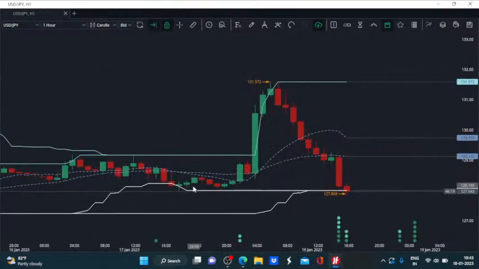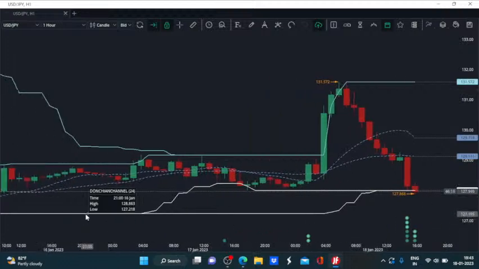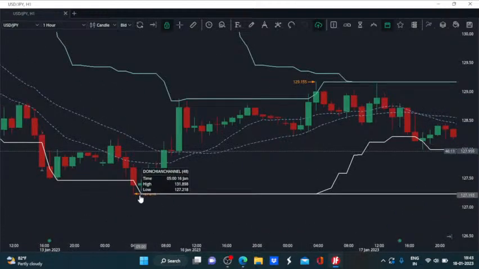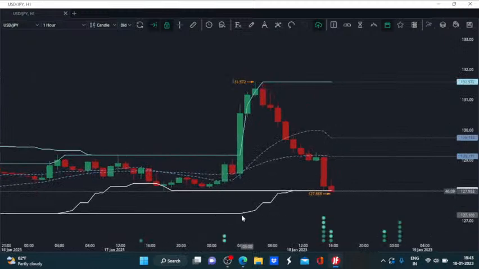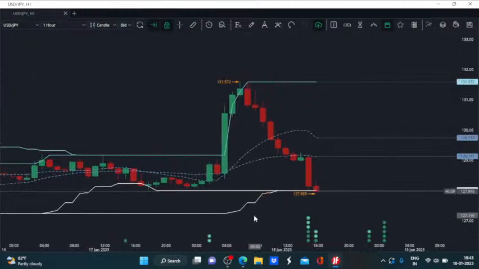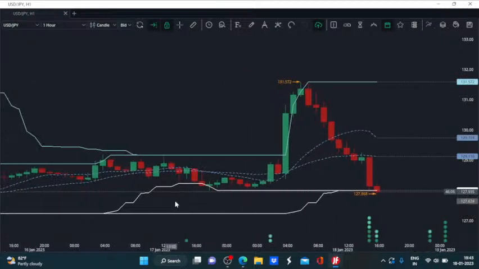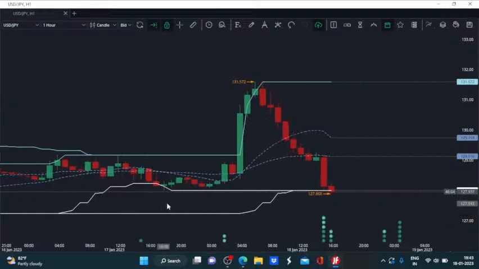And if it doesn't find any support, and if it continues to decline, I think we are likely to see it moving towards 127 levels or even crashing below that in coming hours, or you can say in the next couple of days. That probability is quite strong.